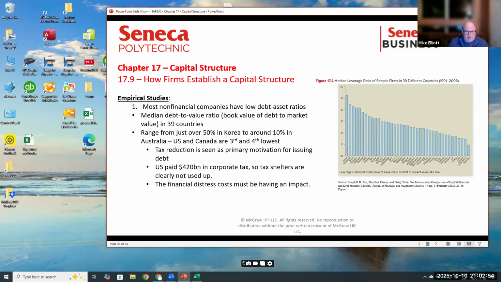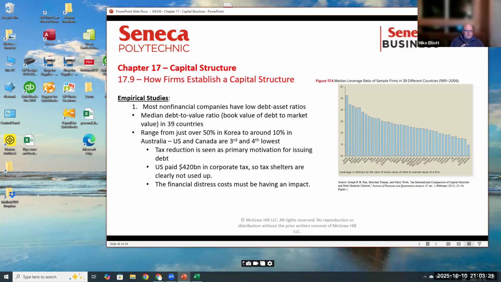Australia is around 10%. Canada and the US are very close to each other at around 13, 14%. Those are all at the low end of the world. So we have a high 50%, a low 10%. We looked at 39 countries. The average is somewhere around 26, 27%.